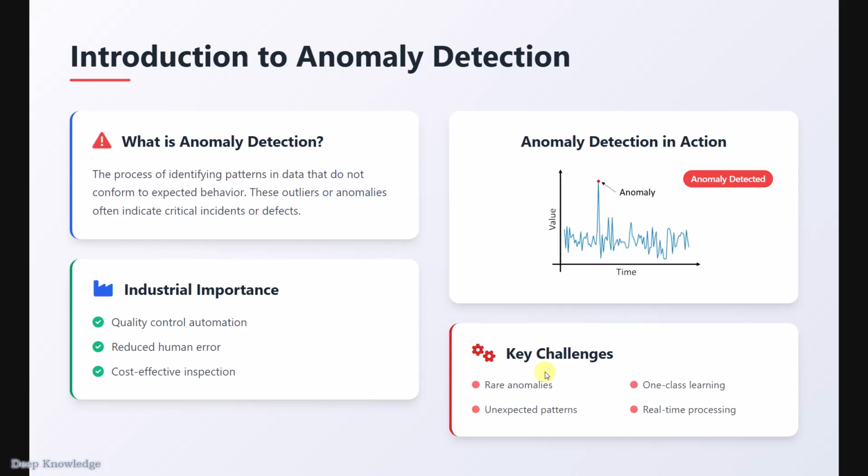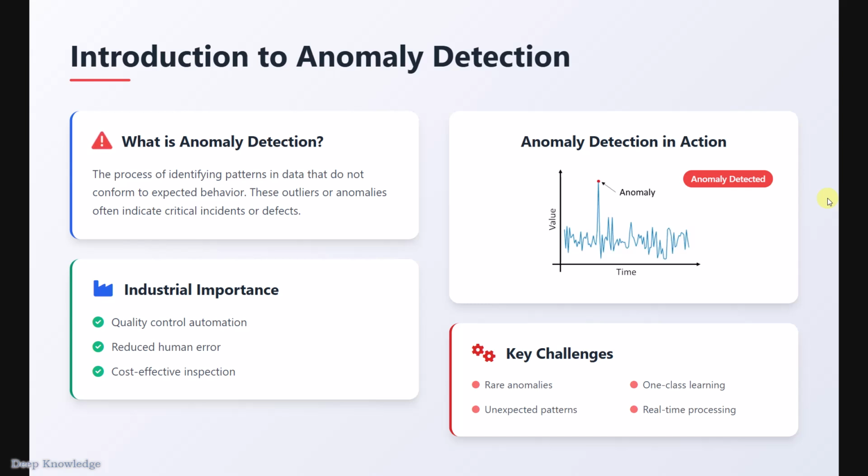The second one is unexpected patterns. Sometimes you have a defect at this point, sometimes at another point, and it's not easy to see. Here I have a defect, this one is the defect. It's not easy even for a human.